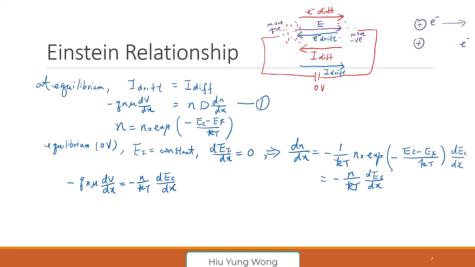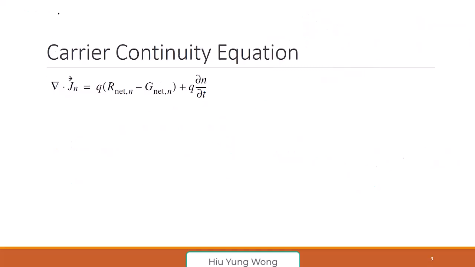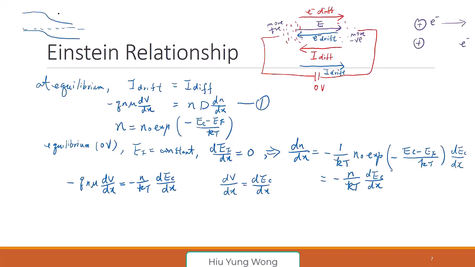But actually, dV/dx is just equal to dEc/dx, because this is the potential. When we draw the conduction band, this is telling us the electric field. The change of dE/dx is just the electric field, negative, right? So these two terms can be canceled.